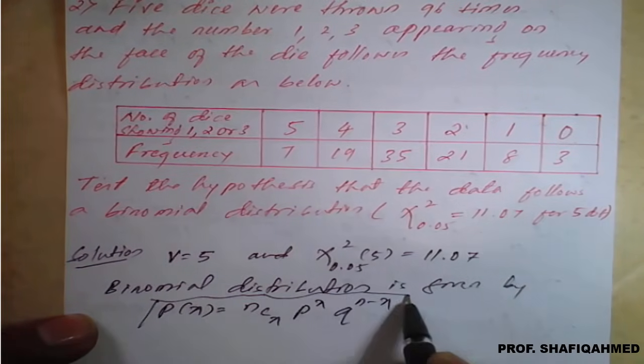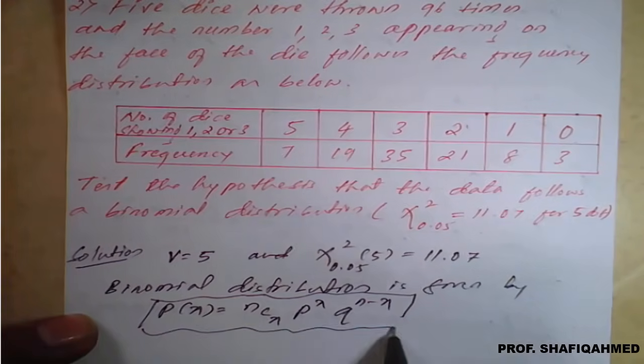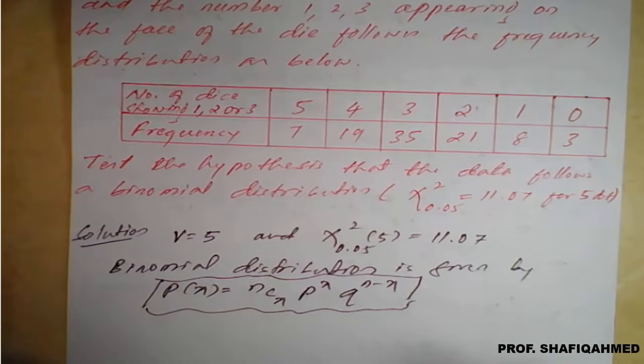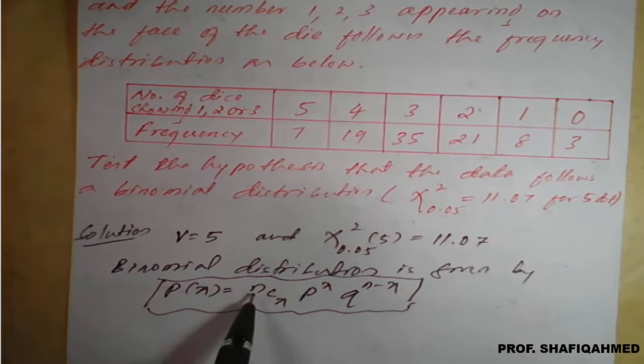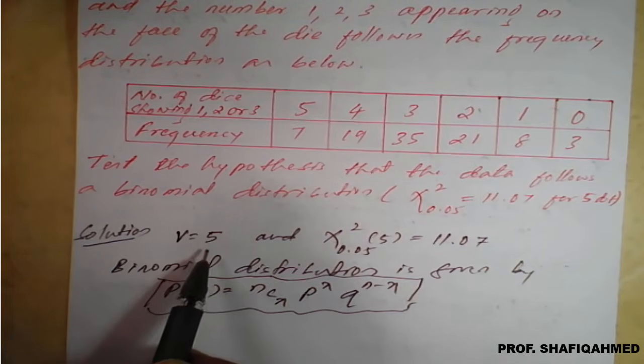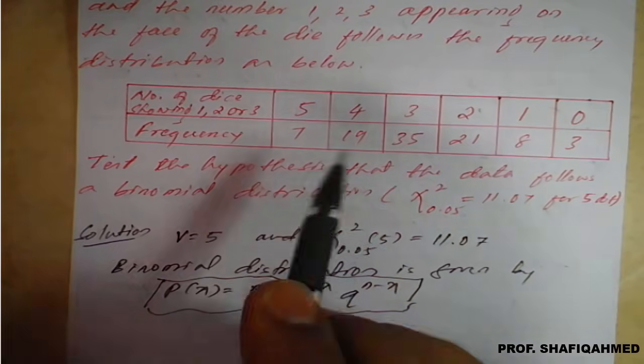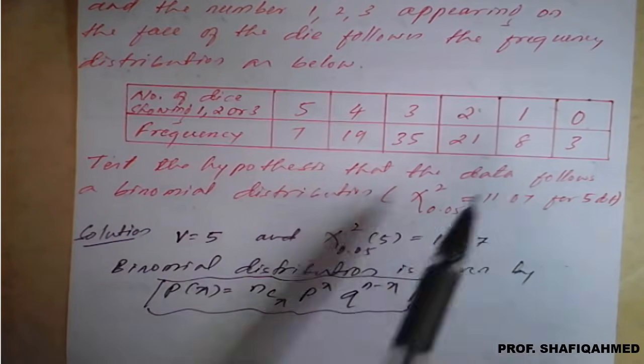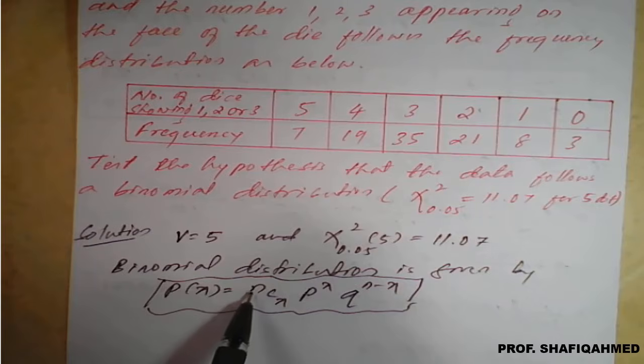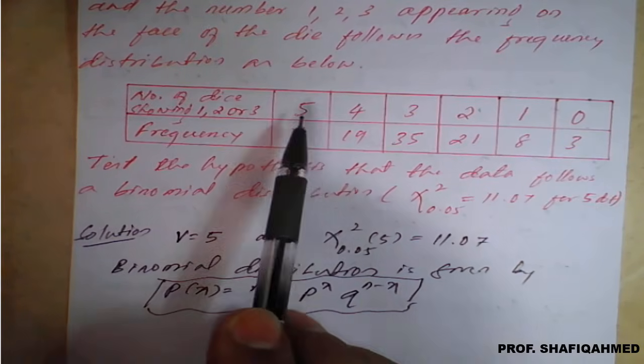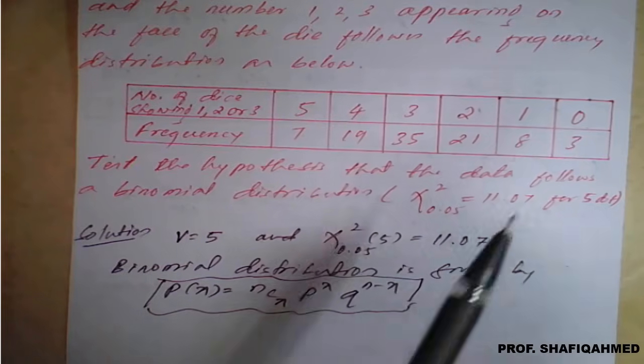So this is the formula we are going to use as the binomial distribution, which we already know. Here n value is again the degree of freedom phi only that we'll consider. So don't count this 1, 2, 3, 4, 5, 6. We'll count the degree of freedom as n. Then x values are these only: 5, 4, 3, 2, 1, 0.